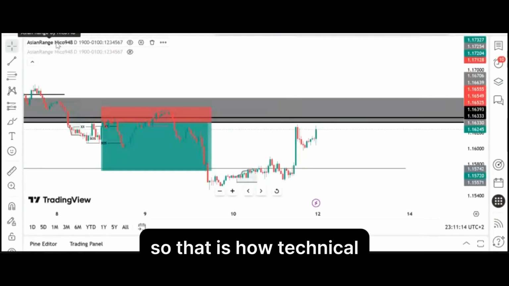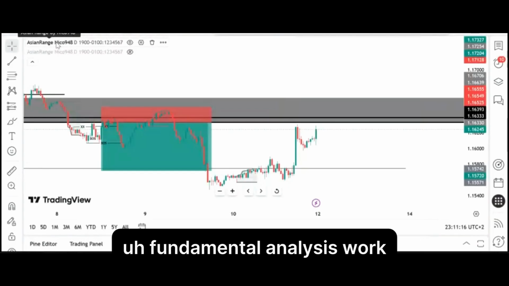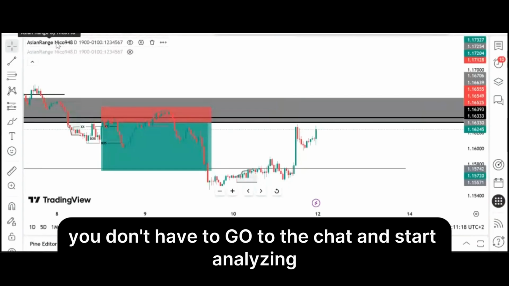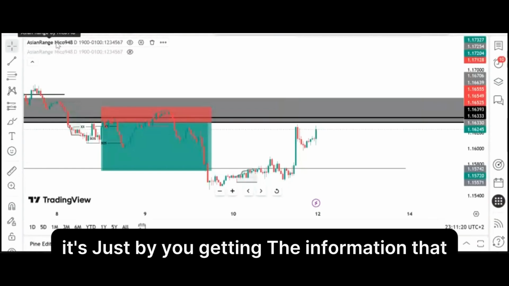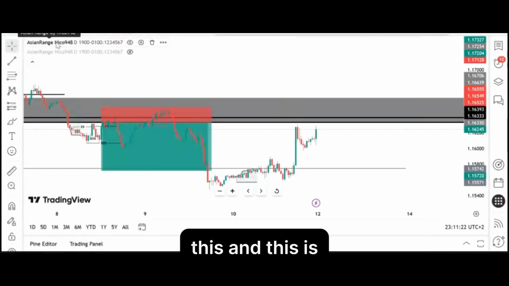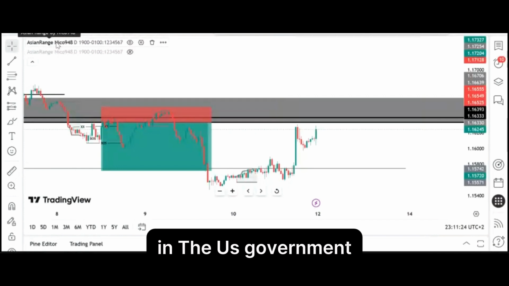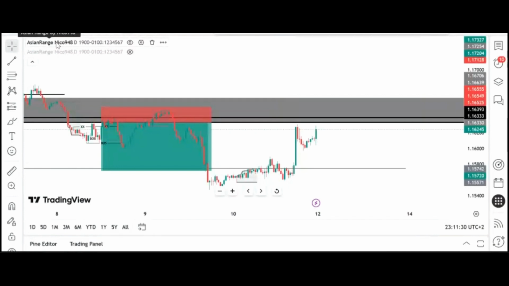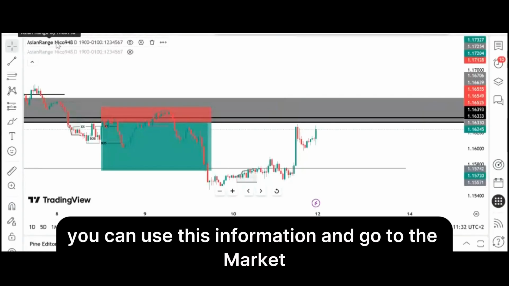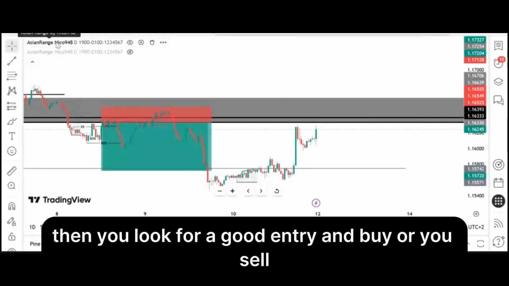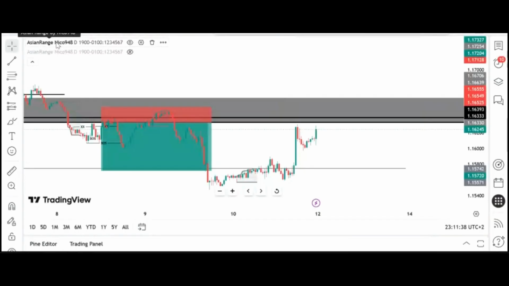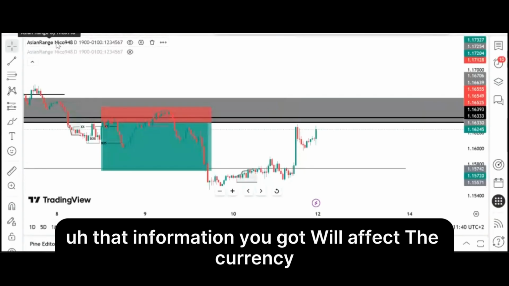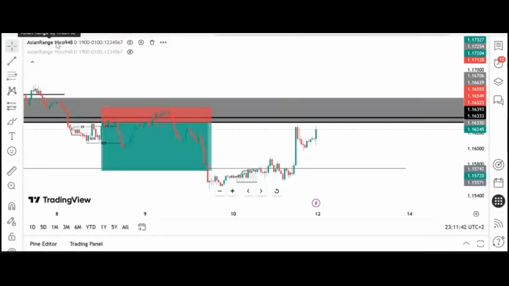So that is how fundamental analysis works. You don't have to go to the chart and start analyzing. It's just by you getting the information that this and this is happening in the US government. You can use this information and go to the market, then look for a good entry and buy or sell, if you believe that the information will affect the currency or make it stronger.